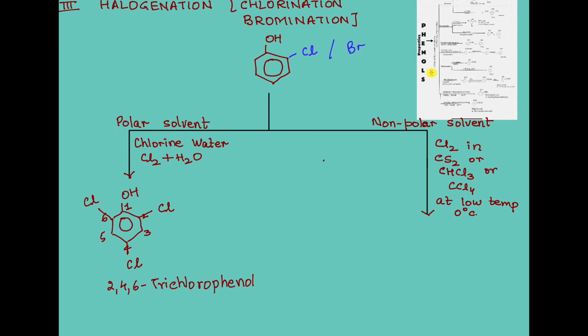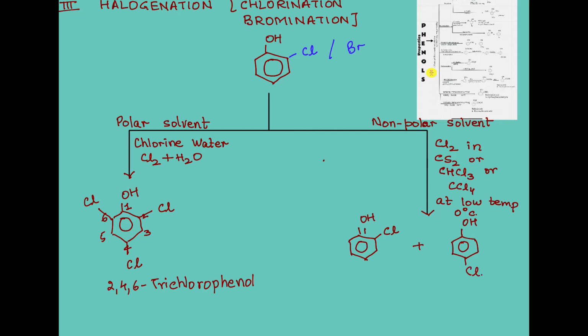On the other hand, when you carry out the same reaction, that is halogenation, but using a non-polar solvent, there we get only a monohalogenated product. That means substitution of the halogen will take place at the second position with respect to OH, or it will take place at the fourth position with respect to OH. What will be the name of these products?